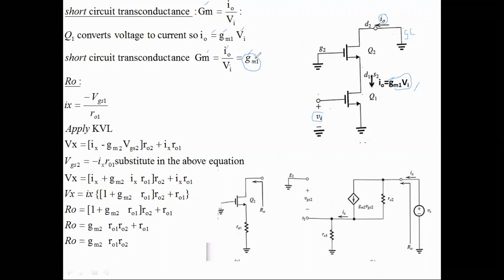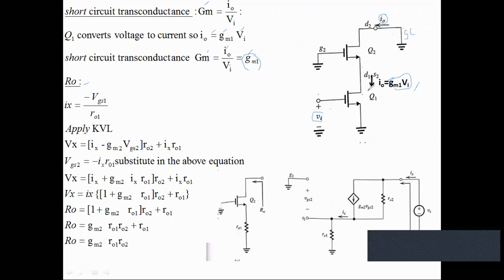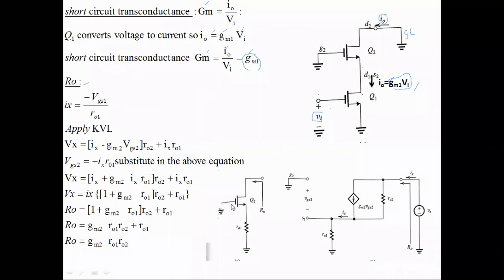In order to calculate voltage gain, the next parameter I need to calculate is the output resistance R0. In order to calculate R0, in the same circuit I have to replace Q1 with its equivalent resistance, r01, at the source of Q2.